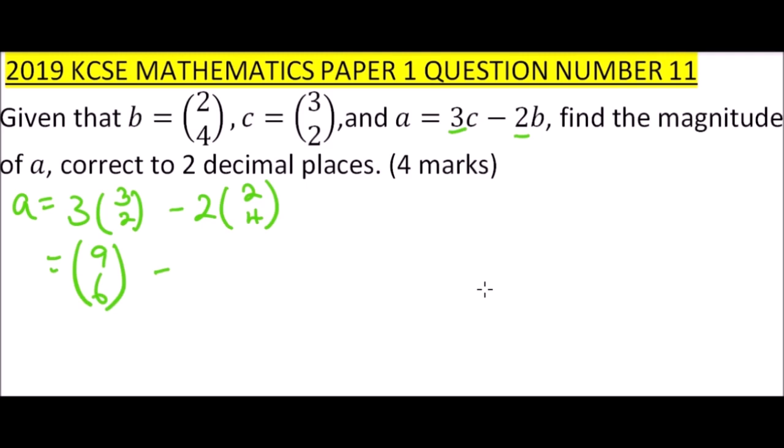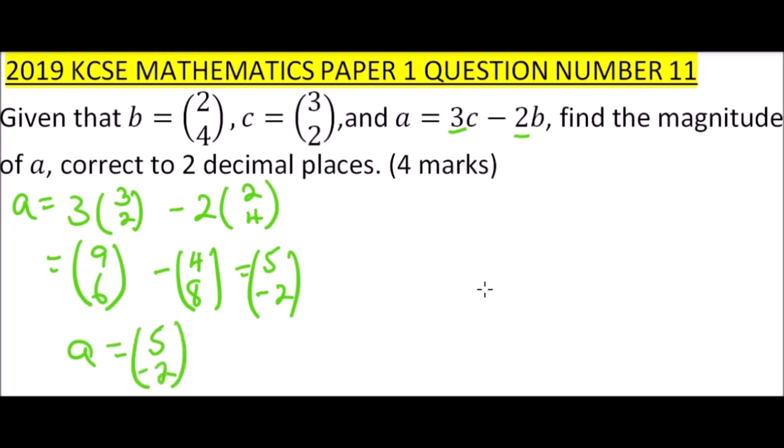Minus 2 times 2 is 4, and 2 times 4 is 8. So when you work out that, 9 minus 4, that will give you 5, and 6 minus 8 will give you minus 2. So this means that our A is equals to (5, -2). That is a column vector.